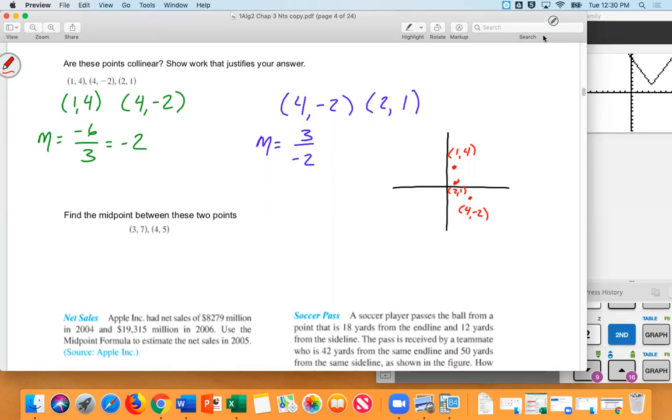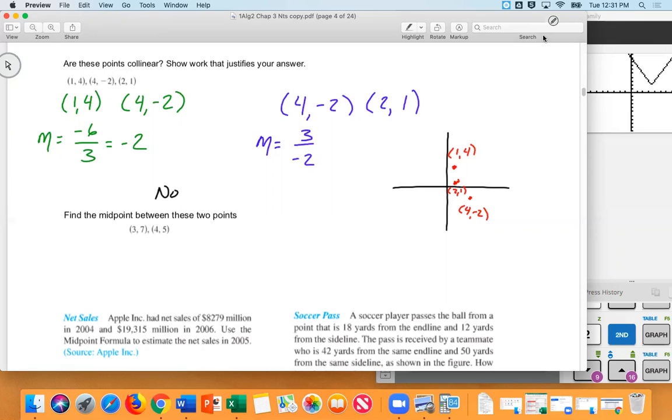To me, if I'm doing a graph, I can see pretty quickly. And you want to know what's nice? If you have graph paper. How many of you have graph paper on you? If you do, this problem's even easier. You can draw up a quick coordinate plane and plot it out. So no, they're not on the same line.